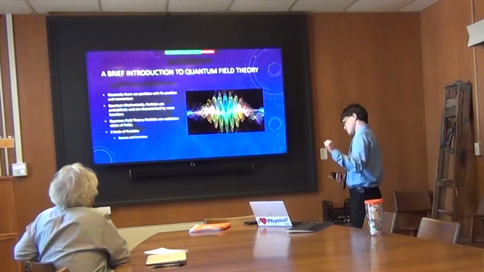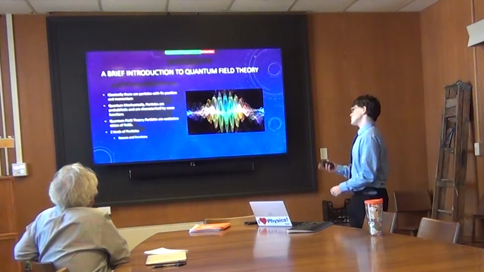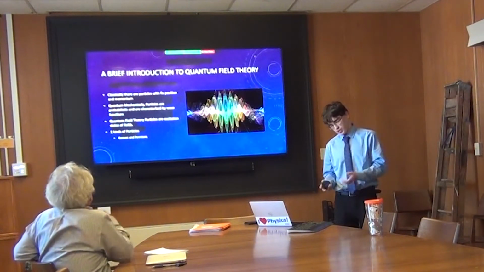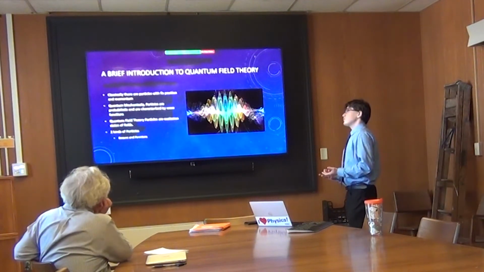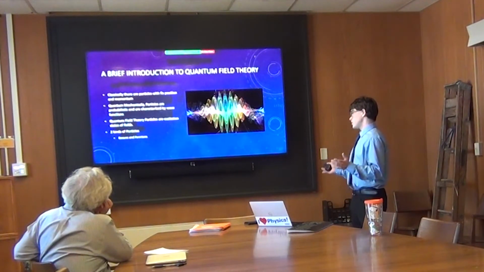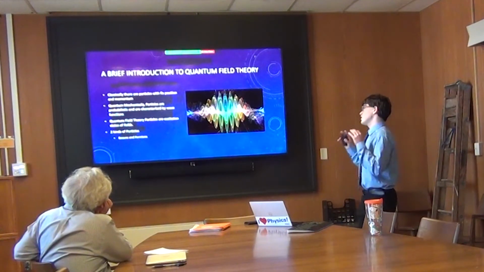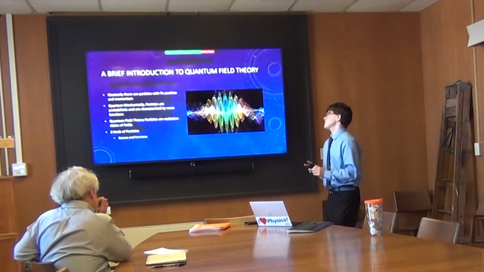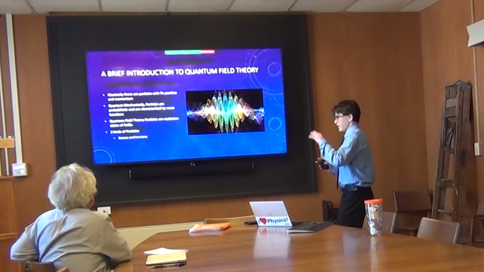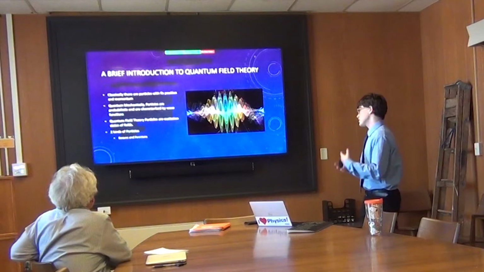Classically, we see particles as balls with fixed positions and momentum, but if you go to quantum mechanics, you find that particles are described by probabilistic wave functions, and then in quantum field theory, particles are now described as originating from these fields that permeate all of space. Now, in the lowest ground state of these fields, there's always going to be some random fluctuations that contribute some energy to the space they're inhabiting.